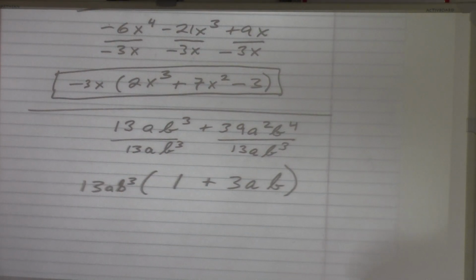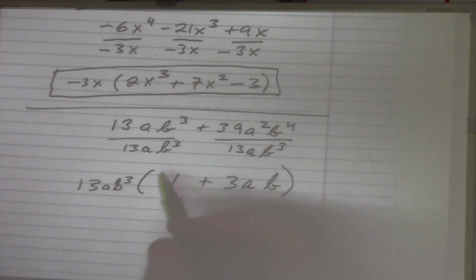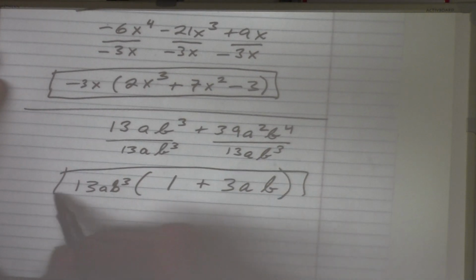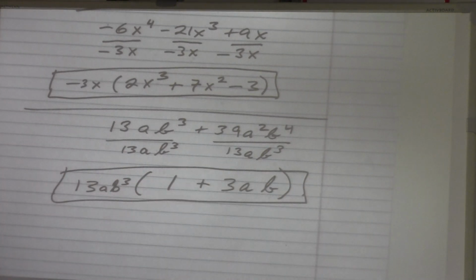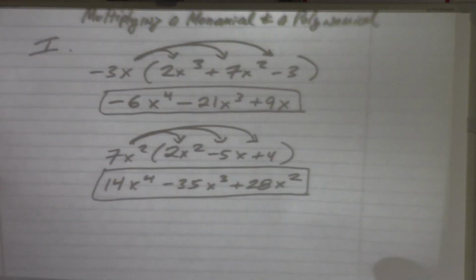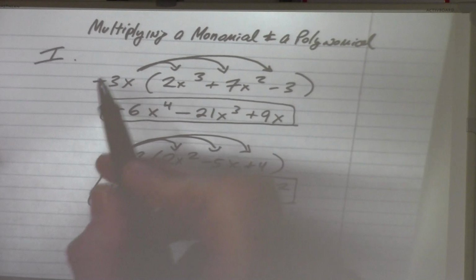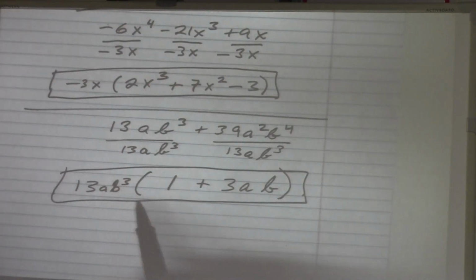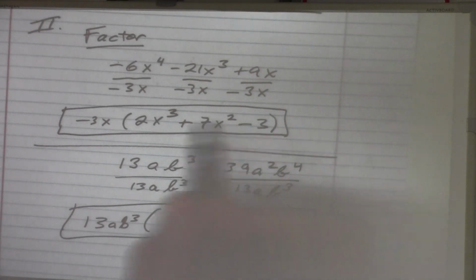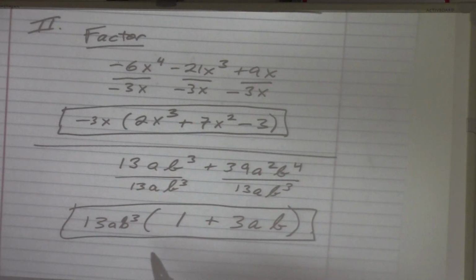So that gives you now in this lesson, let me put a box around it to show that that was the answer for it. So in this lesson, you were able to see how to multiply a monomial and a polynomial. So multiplying this into it. And here, you were taking out a monomial. Factoring it is, first factoring is common factoring.